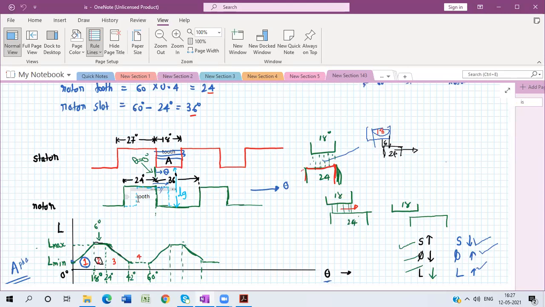Why? In other terms, the stator pole arc is less than the rotor pole arc. Why are we doing this? Is there any idea why the rotor pole arc is higher than the stator pole arc?